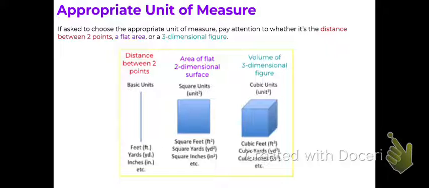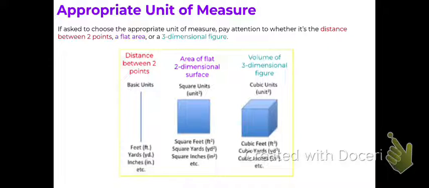You might be given a question where you're asked to pick the most appropriate unit of measure. Think about the situation. If it's the distance between 2 points, it might be feet or yards or inches or miles. That's the distance you can measure with a ruler or a meter stick. If it is the area of a flat two-dimensional space, like the floor in a room or a wall you're painting, that is square units.